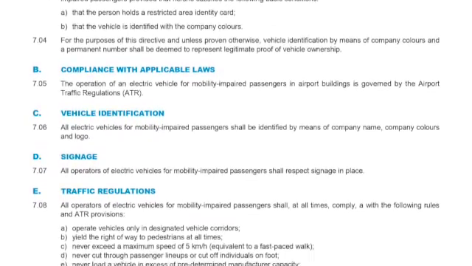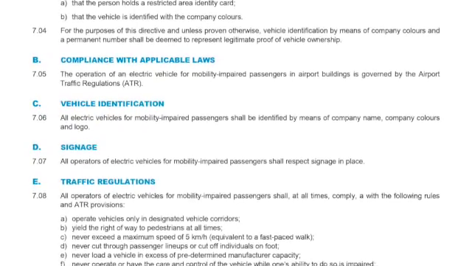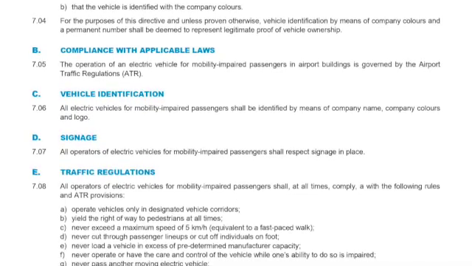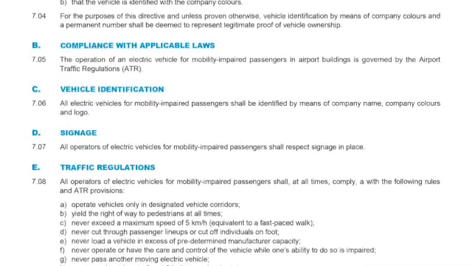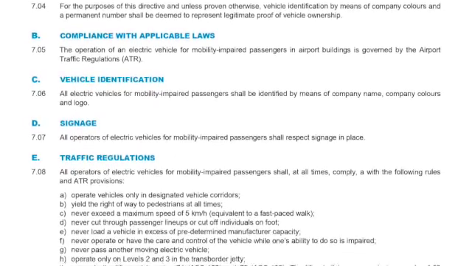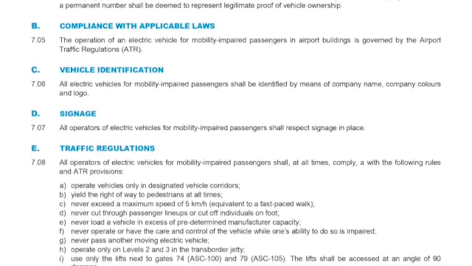E. Traffic Regulations. 08 All operators of electric vehicles for mobility impaired passengers shall, at all times, comply with the following rules and ATR provisions: A. Operate vehicles only in designated vehicle corridors. B. Yield the right of way to pedestrians at all times.